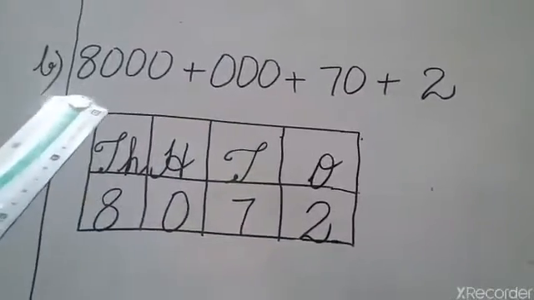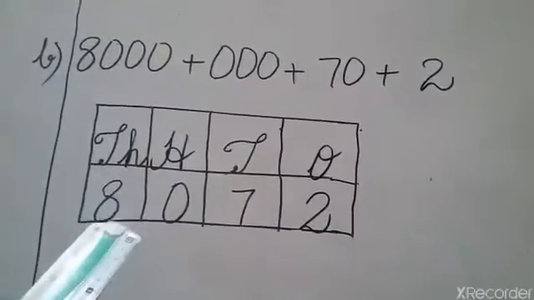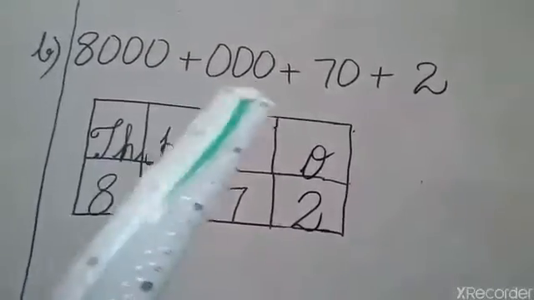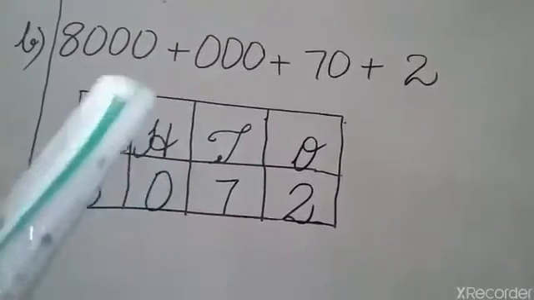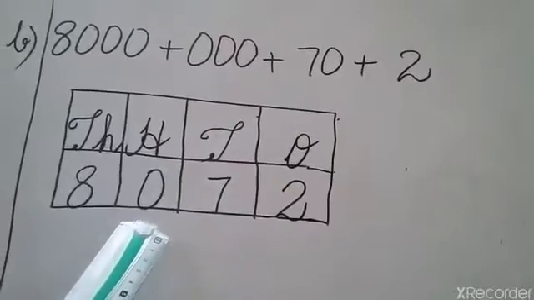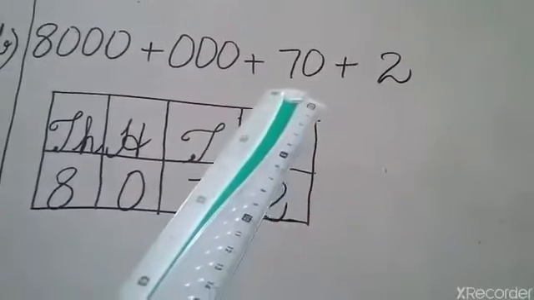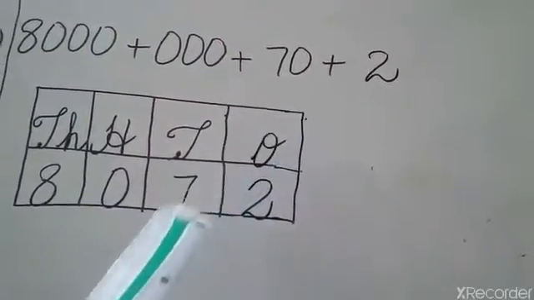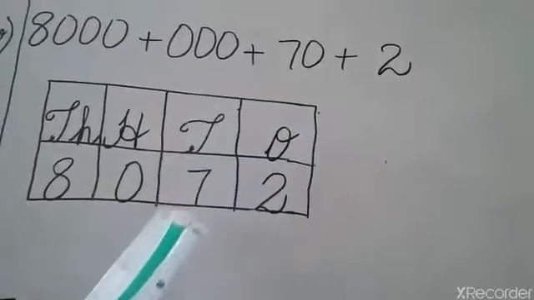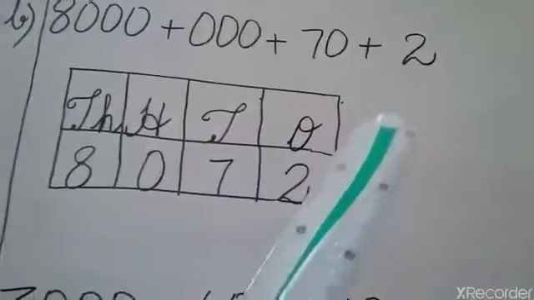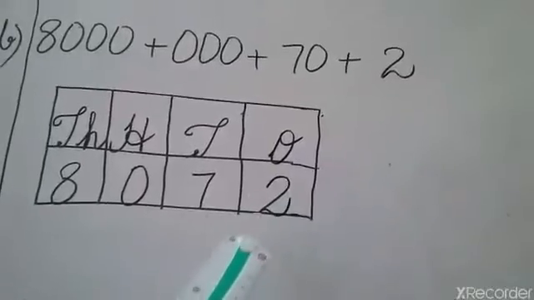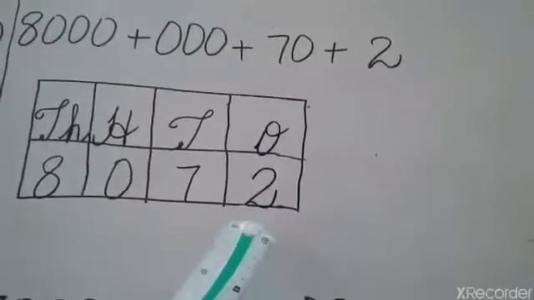The place value of 8 is 1000, that's why we write 8 under the 1000. This 300 place value is 100, so we write 3 under the 100, and the place value of 70 is tens, so we write 7 under the tens. The place value of 2 is ones, that's why we write here 2 under the ones.